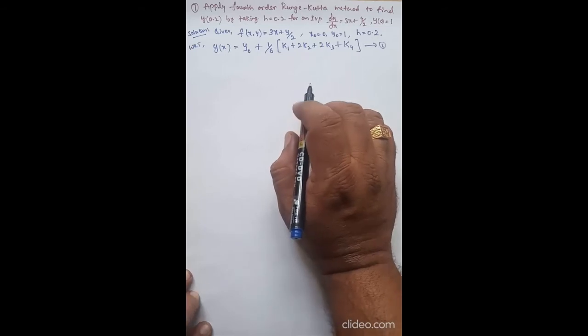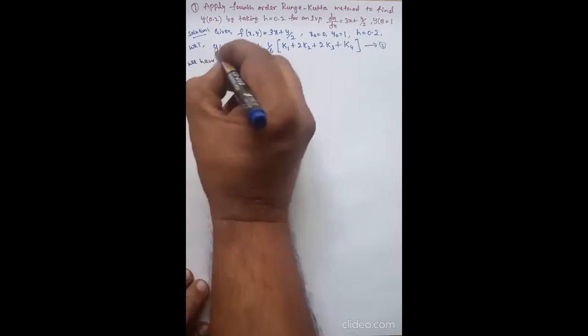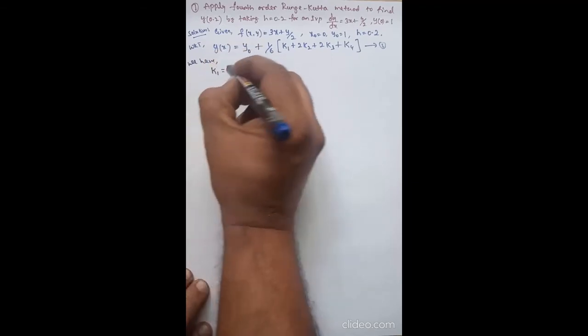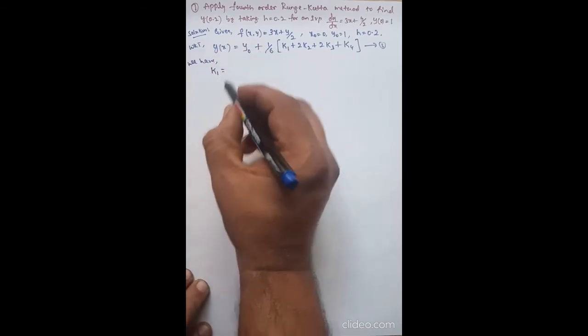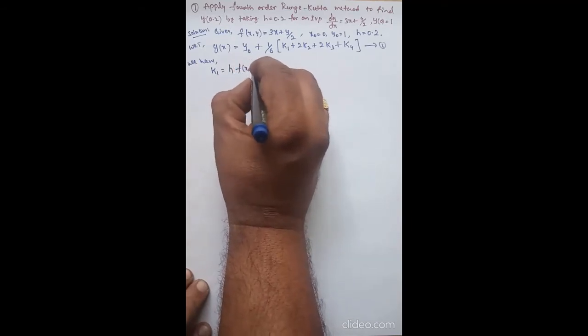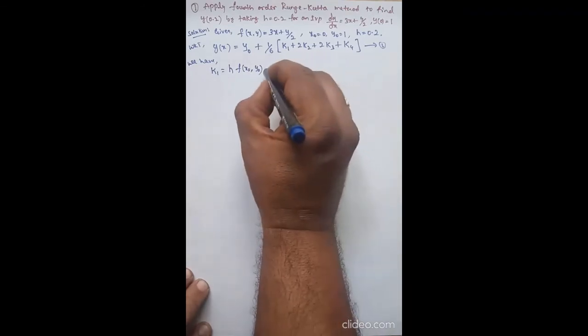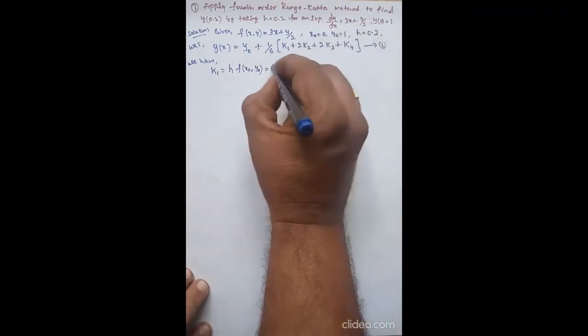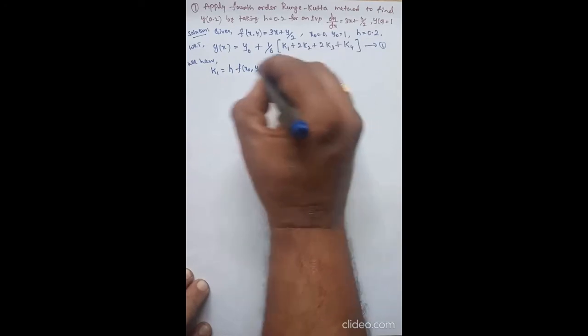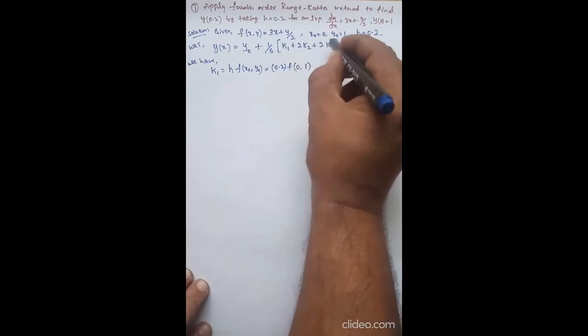Now how to calculate? See, we have k1 equals, so the formula for k1 is h into f of x naught comma y naught. So let us substitute. You know h is 0.2 into f of x naught comma y naught. So you know x naught is 0, y naught is 1.